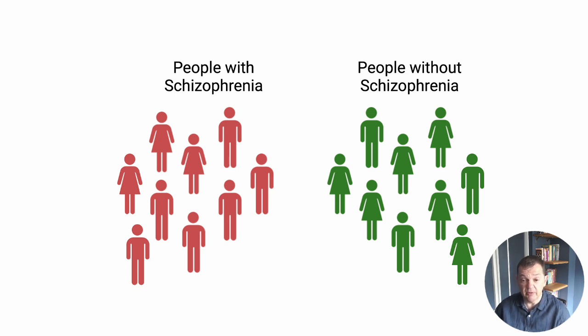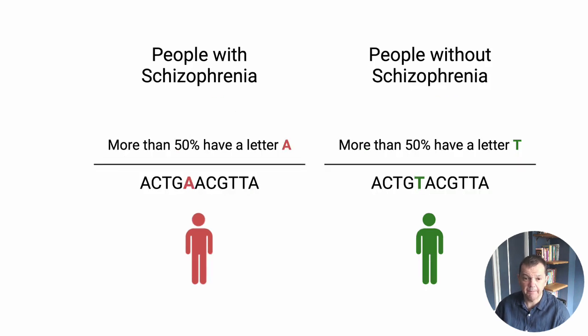So usually people take blood from these individuals and then they zoom in, identifying the DNA and looking at the sequence of letters across all of their chromosomes all at the same time. So here's an example of one of the sequences that you showed earlier. So this is a person with schizophrenia and they have a sequence of letters here. And people without schizophrenia have an almost identical series of letters here.